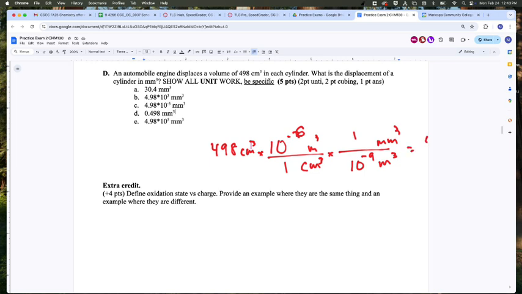So it should be 498 times 10 to the negative 6 times 10 to the 9th. 498 times 10 to the 3rd. Did that kind of fast. I'm not great with numbers, but I think I got that. Yeah, it is.